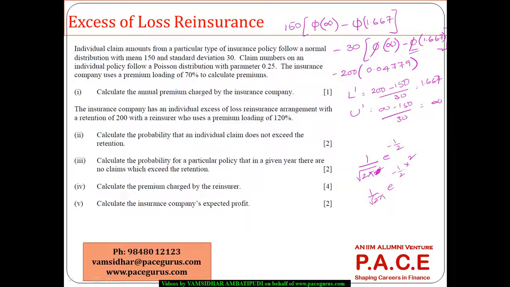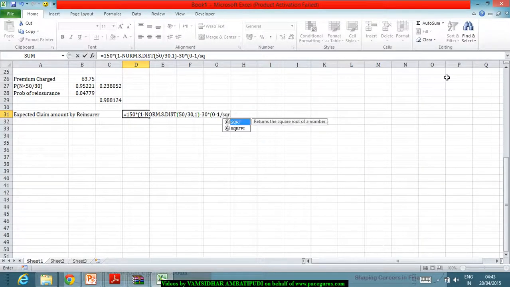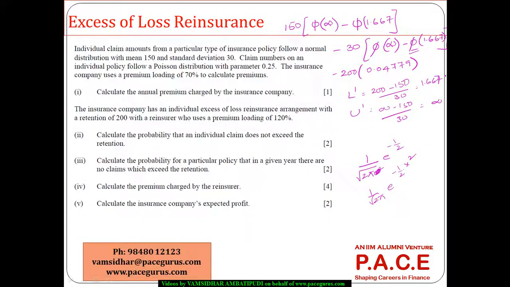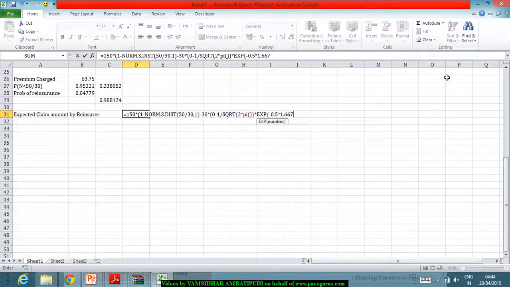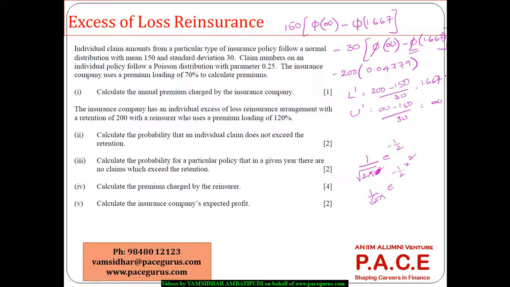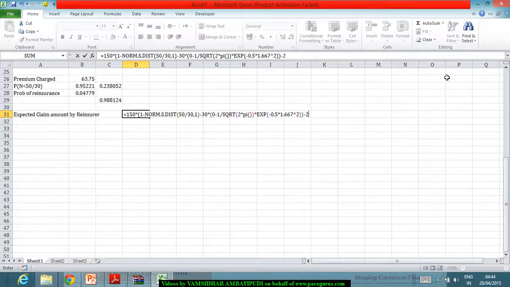Or if I say this is z, then it is half z squared. So this works out to 1 by square root of 2 pi times e to the power of minus half x squared. Here x is 1.667 squared. And then we have minus 200 times whatever this number is.